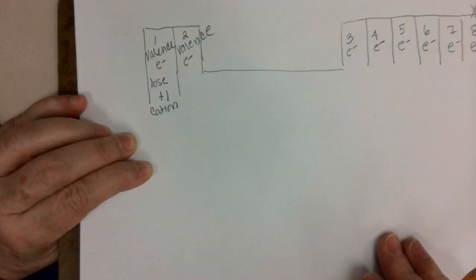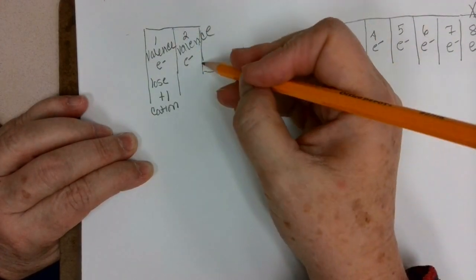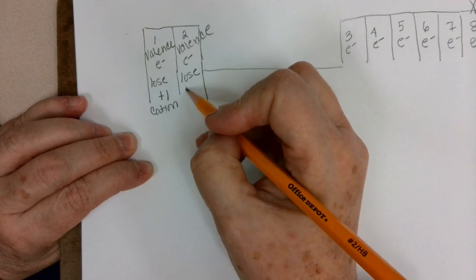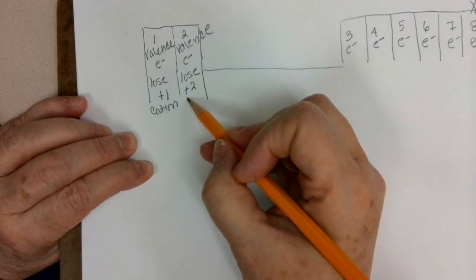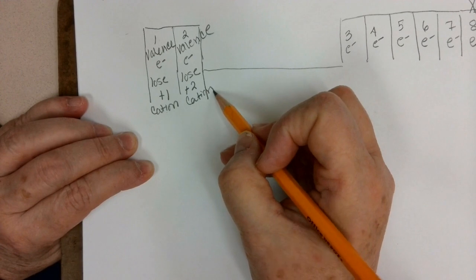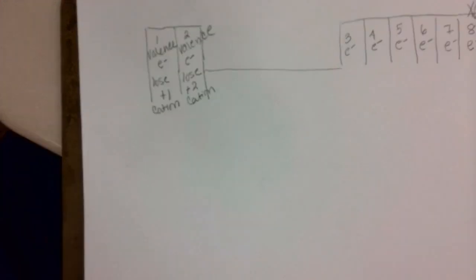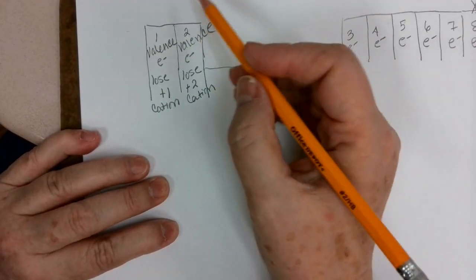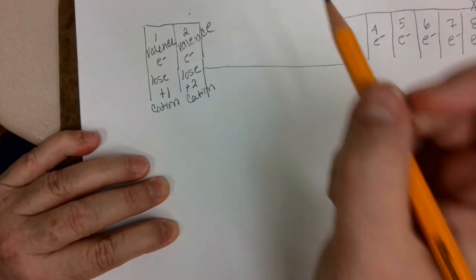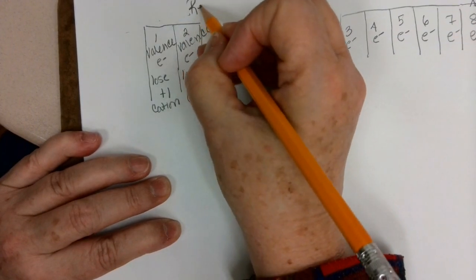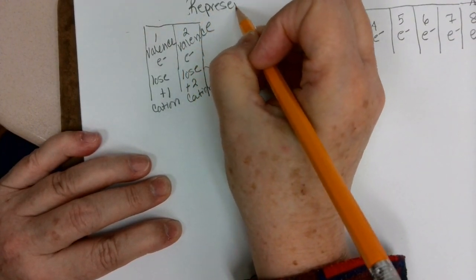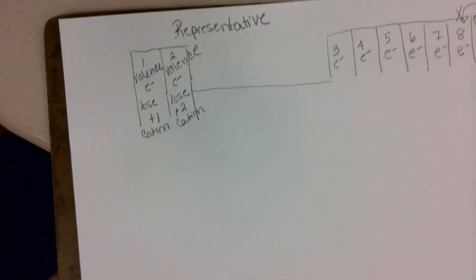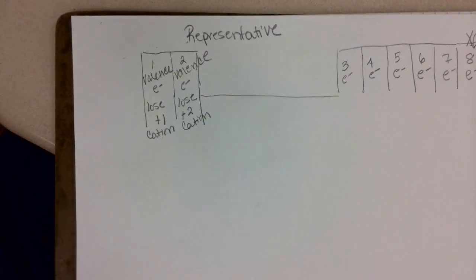And if you have a column 2, they will lose their 2 electrons and become +2 cations. And this is fixed. It can't be any other way than this. Because of that, we call 1 and 2 and then 13 through 17 representative. Representative means that they will always work this way.